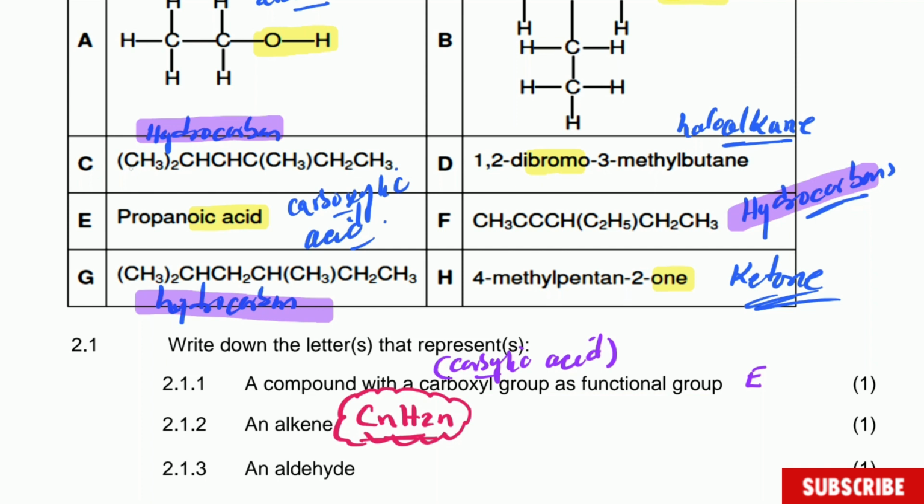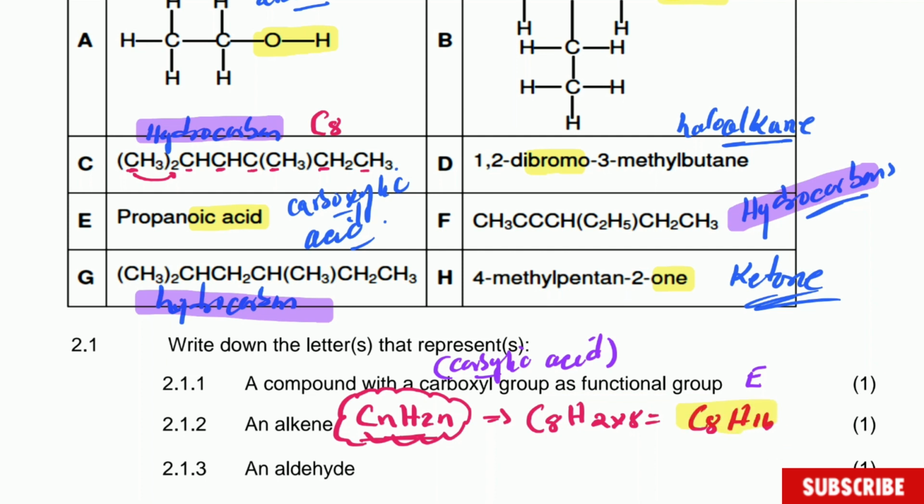We have 2 carbons here because it's 1 there, but this bracket is for everything. So we have 2 carbons, 3, 4, 5, 6, 7, and 8 carbons. So in this compound we have 8 carbons. According to this general formula, if you have 8 carbons, how many hydrogens should you have? You should have 2 times 8. That will be equal to C8H16.